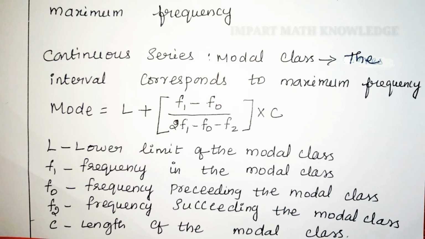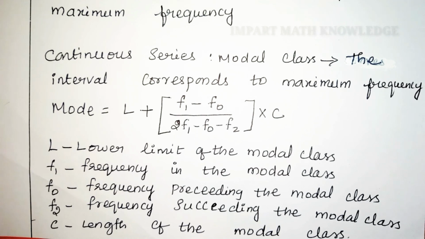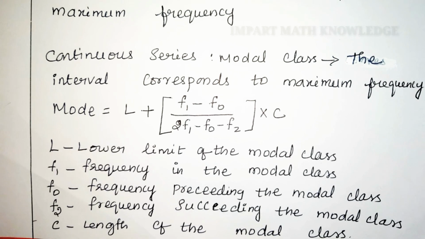Mode is equal to L plus (F1 minus F0) divided by (2F1 minus F0 minus F2) into C, where L is the lower limit of the modal class, F1 is the frequency in the modal class, F0 is the frequency preceding the modal class, F2 is the frequency succeeding the modal class, and C is the length of the modal class.